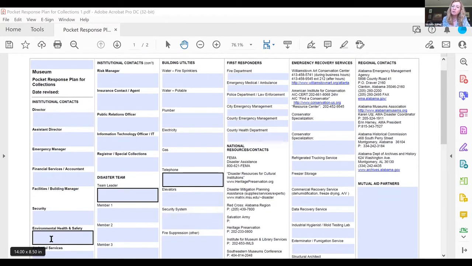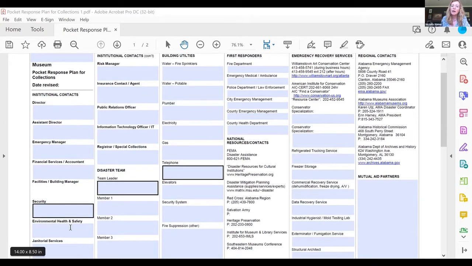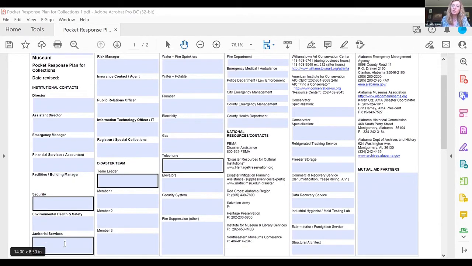And then who's responsible for health and safety? Ours might be the occupational health and safety. So do you have an occupational health and safety or health and safety officer, manager? Who deals with that? And then they call it janitorial services, but you might call it something else. These are the people who are responsible for cleaning, and they can play a very important role.